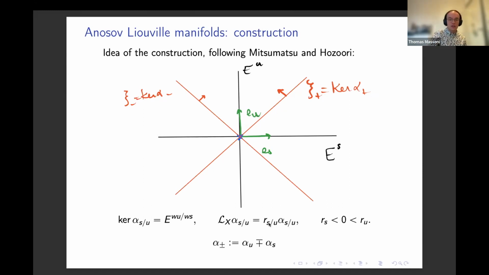And I also want these constants Rs and Ru that I call the expansion rates of the Anosov flow to be such that the expansion rate in the stable direction is negative, meaning that the flow is contracting in the stable direction, but it's expanding in the unstable direction. And with these notations, alpha plus and alpha minus, defined as the sum and difference of alpha U and alpha S, will give the contact forms that we need to define the Anosov Liouville structure. So that's the construction of such things.